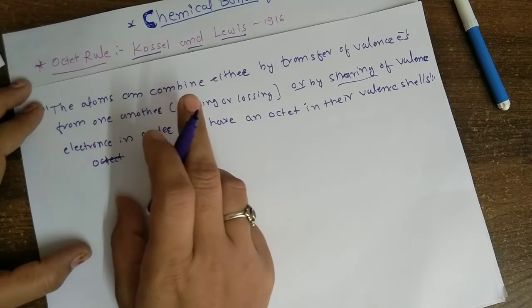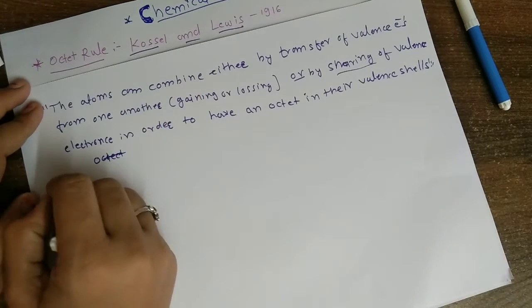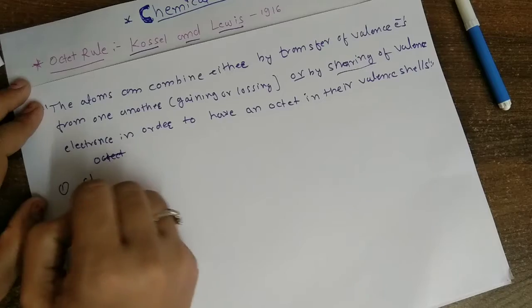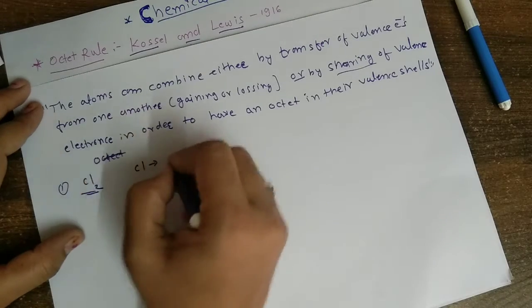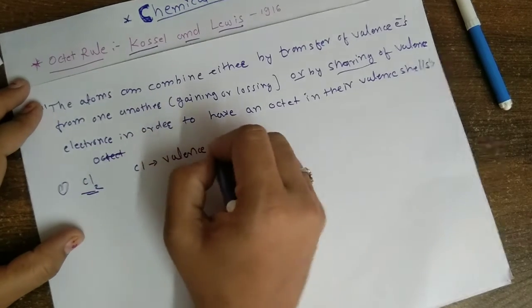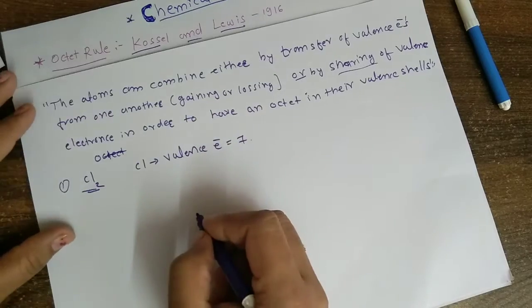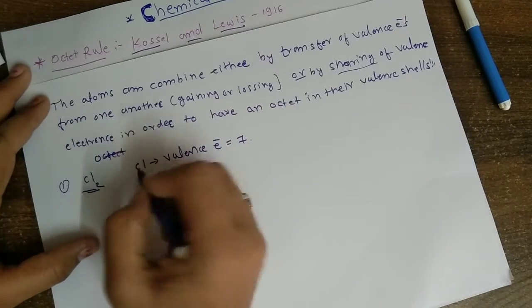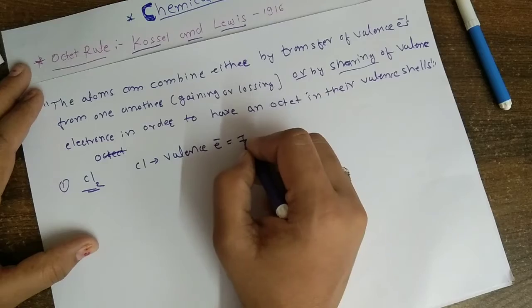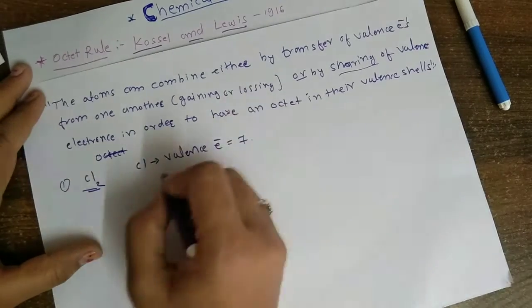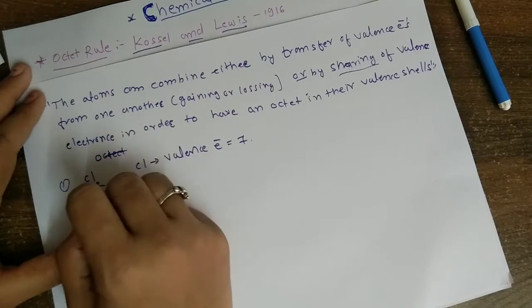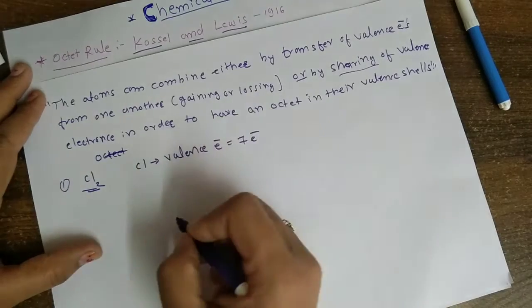So the first example is the Cl2 molecule. Each chlorine has 7 electrons in its valence shell, and the other chlorine also has 7 electrons in its valence shell.